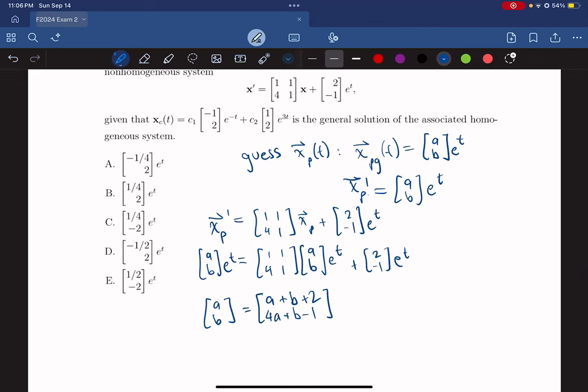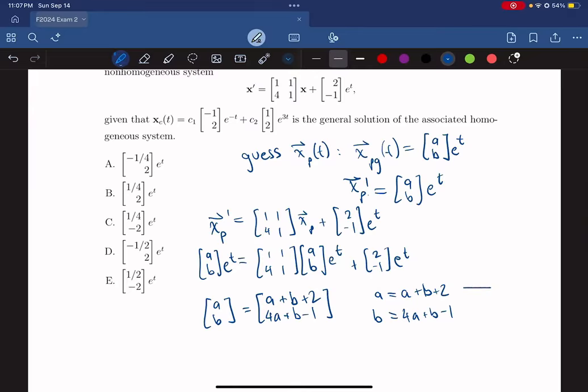And again, this is just a system of equations, so we can just take out the equations on the side like this and solve them. So minus a on both sides, we get b equals negative 2.